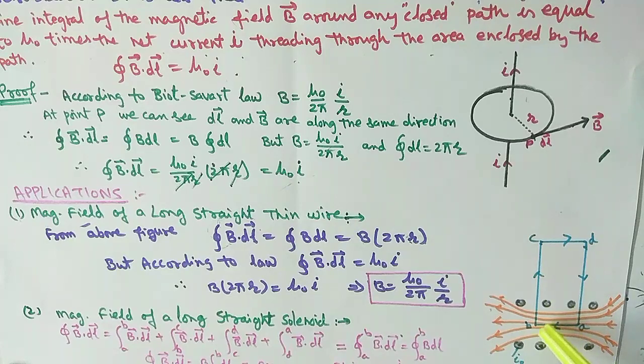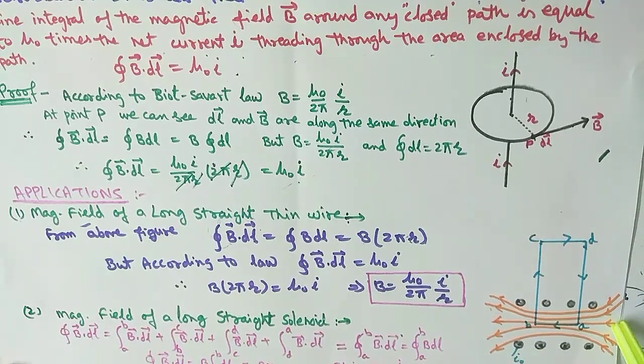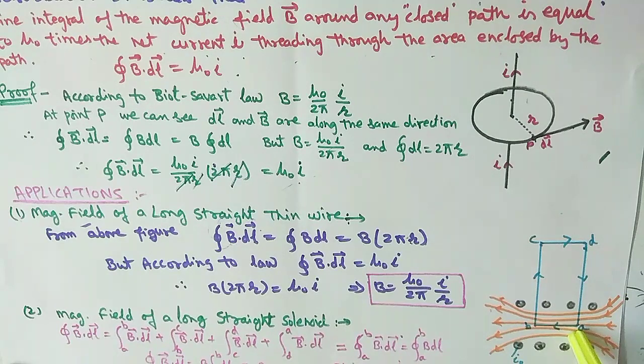So now to apply Ampere's circuital law, we have to consider a rectangular closed loop A, B, C, D, to find the magnetic field due to this long solenoid. A long solenoid means one whose diameter is very small in comparison to its length. So that's why it is called long.